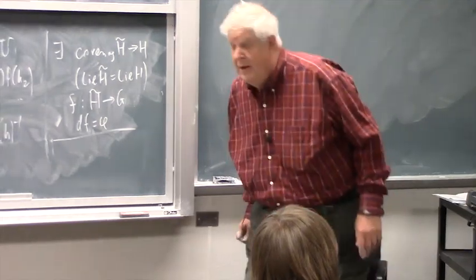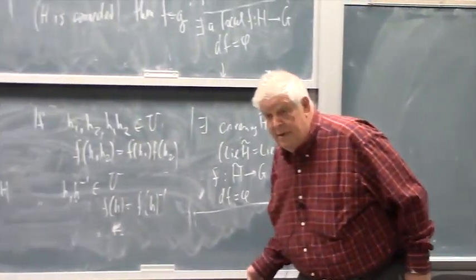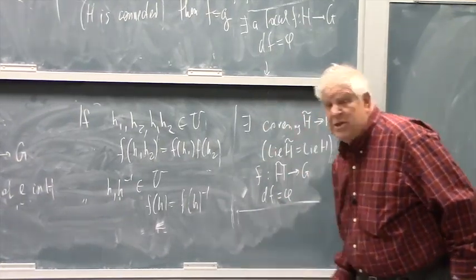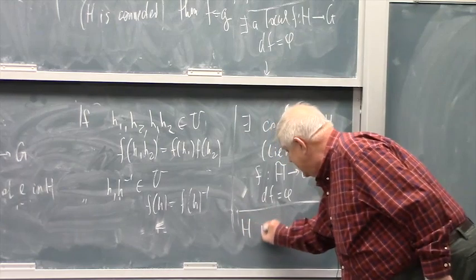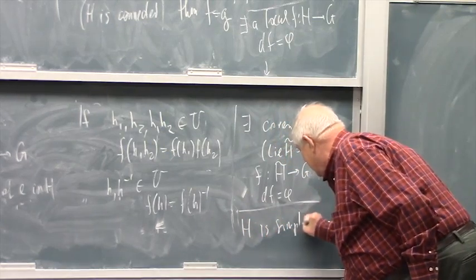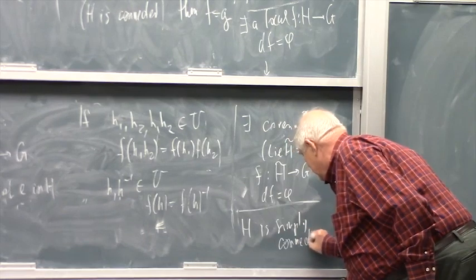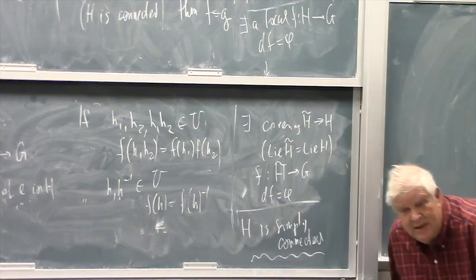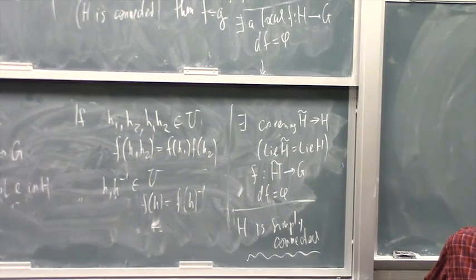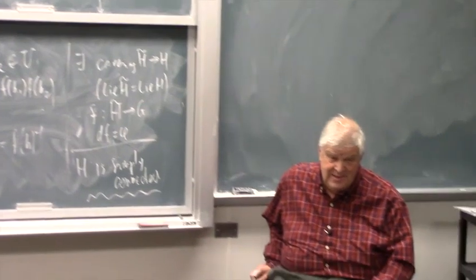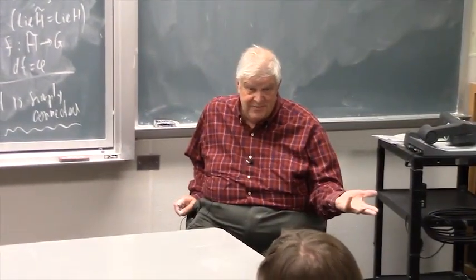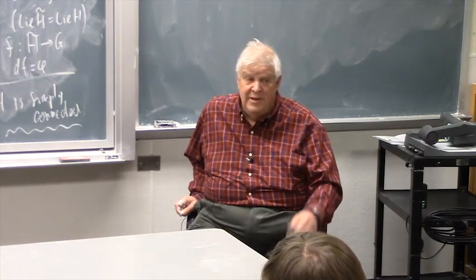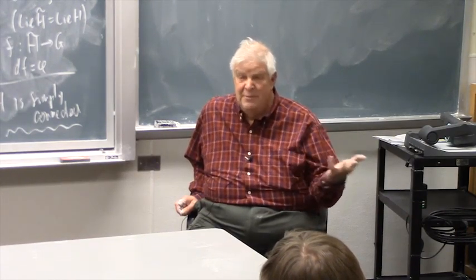And the third possibility, which is a weaker requirement: you can imagine that H is not just connected, but simply connected. And if we have this, then actually no coverings. Every covering of H is the same as H. So if H is simply connected, then the theorem is true in the shortest possible statement.